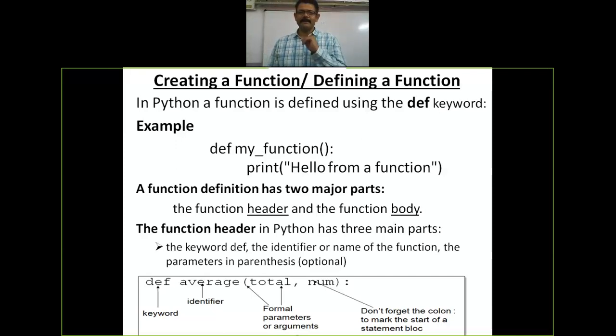For example, suppose I am using a function sqrt. In the sqrt, for which value you have to find the square root, that you need to pass in the brackets. Inside the bracket you have to write the value for which you have to find the square root. So the argument is needed there.